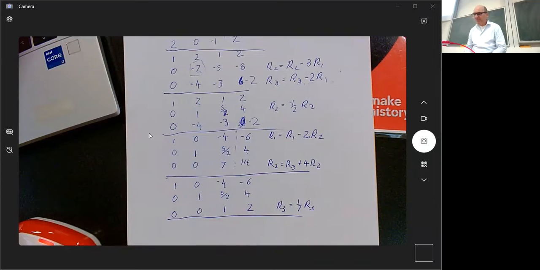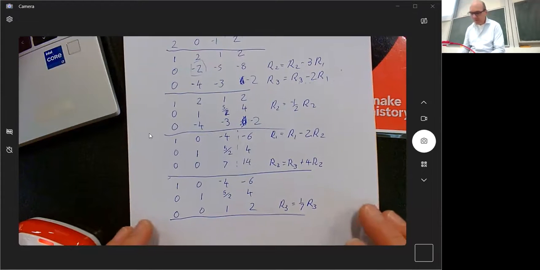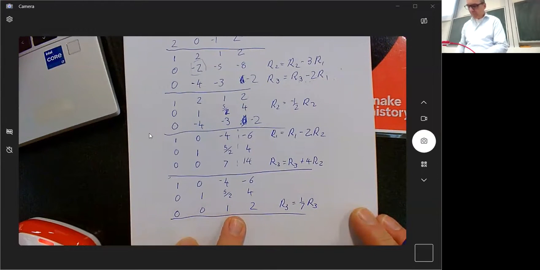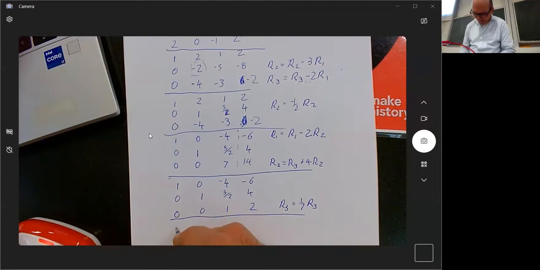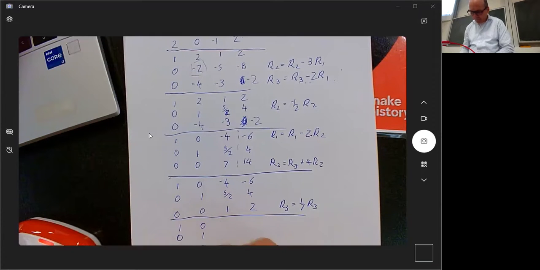I am now in a position where I could use back substitution to work out what this value is. Or I could go through and work out what my number is. So this one is already telling me that z should be equal to 2. Woohoo! All right, we're on target. So this bit should now look like the identity because this bit didn't change, and I'm making these two numbers 0.